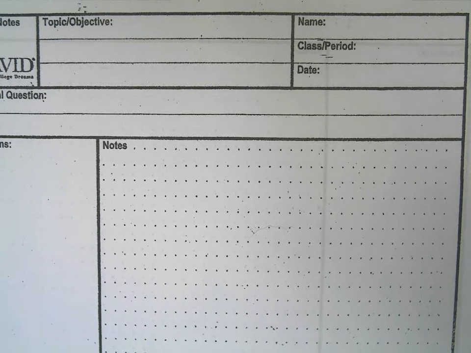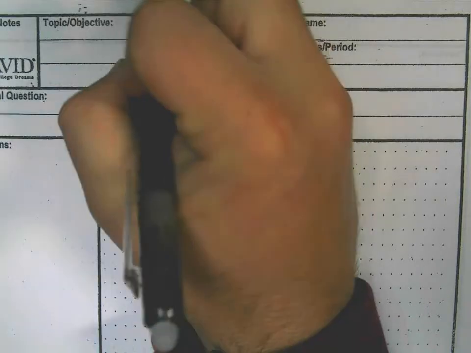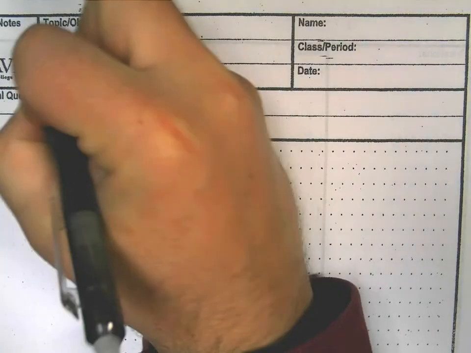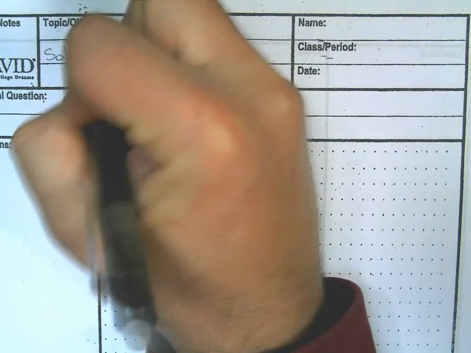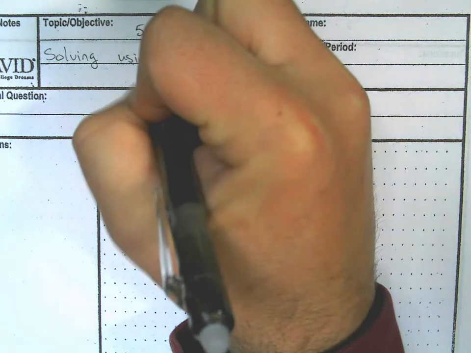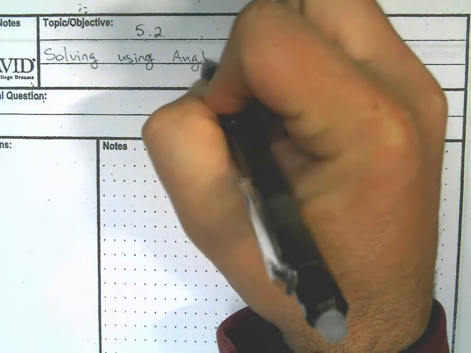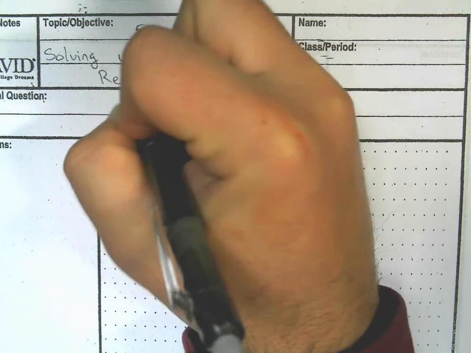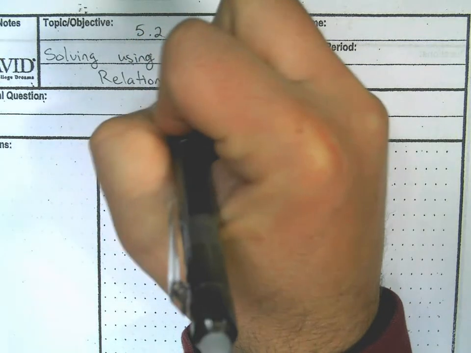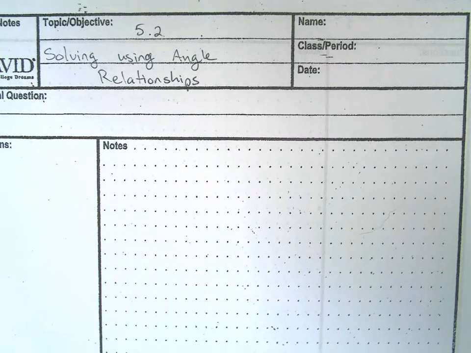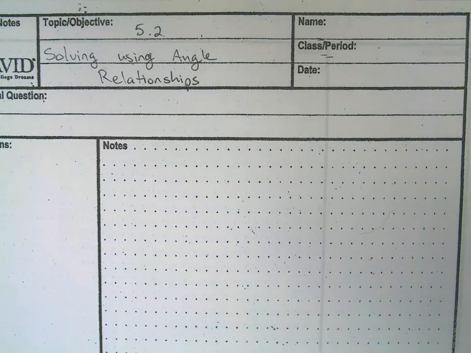In this video, we'll be looking at section 5.2, solving using angle relationships. The angle relationships I'm talking about are going to be our supplementary, complementary, and vertical angles.